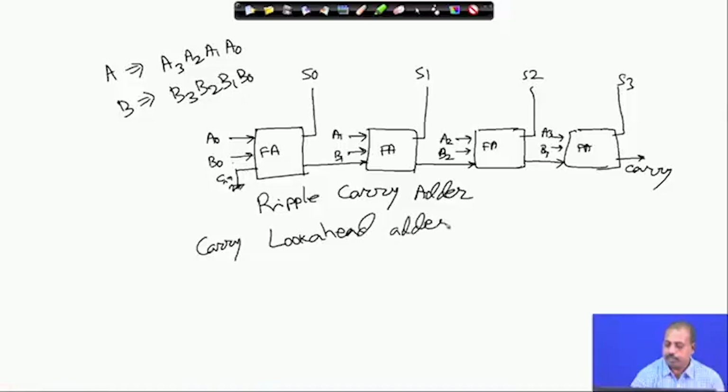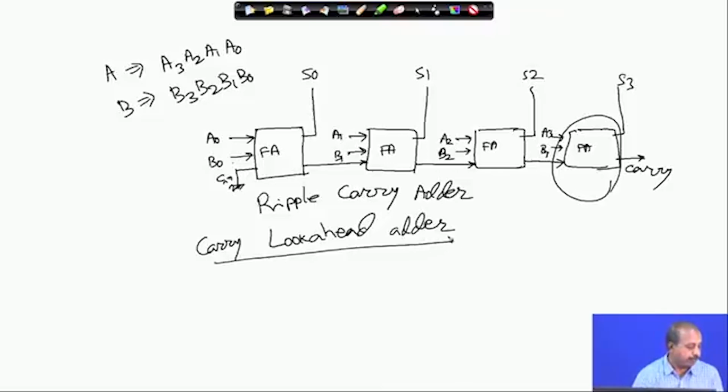In a ripple carry adder, a stage has to wait for the previous stages to finish, and only then is the carry available so that this full adder can do the operation. Whereas in a carry look ahead adder, this carry propagation is not required. It is calculated beforehand, and that way the operation becomes faster, though the amount of logic involved in the circuit is more.